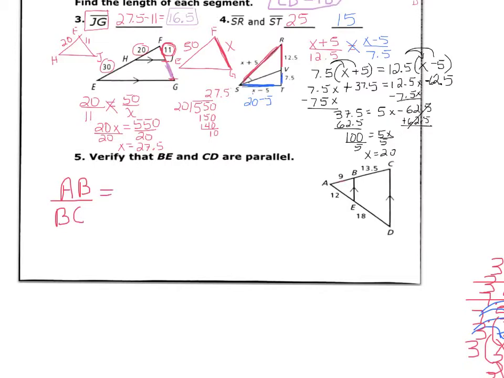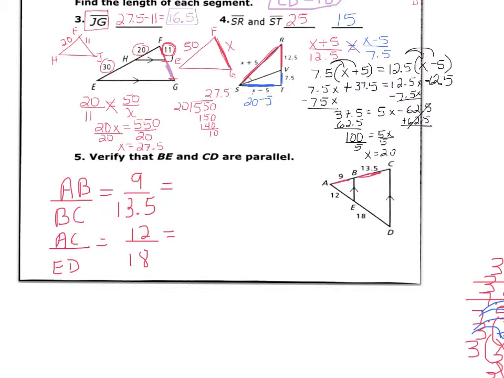I'm just putting AB to BC, which is 9 over 13.5. Now, is that the same thing as setting up the second ratio? AE is to ED, which is 12 is to 18.